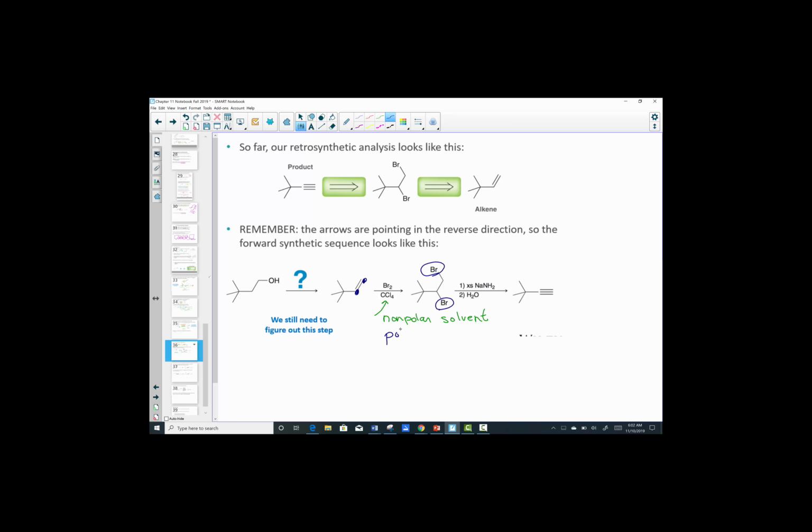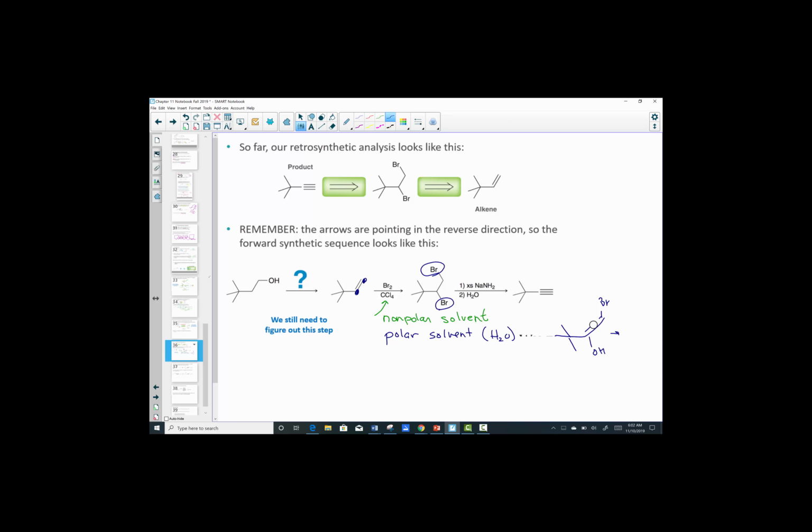If I had used a polar solvent, and the general choice there is water, we would have ended up, oops, I'll draw that in the same pattern. Where this double bond is, we would have ended up with the position of the bromine first and an alcohol second.